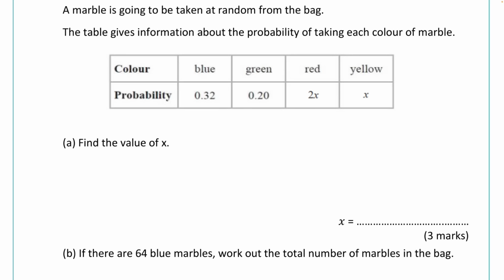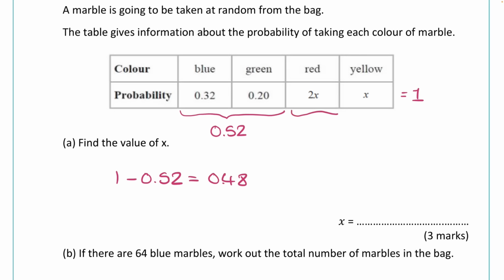So what we need to do is remember that these numbers in the table add up to 1. At the moment, we are only given these two, and together they add up to 0.52. And 1 take away 0.52 gives us the remaining value, which is 0.48. And that is shared between these two here. So 0.48, there is a 1x and a 2x. So in total, there's 3 x's there.